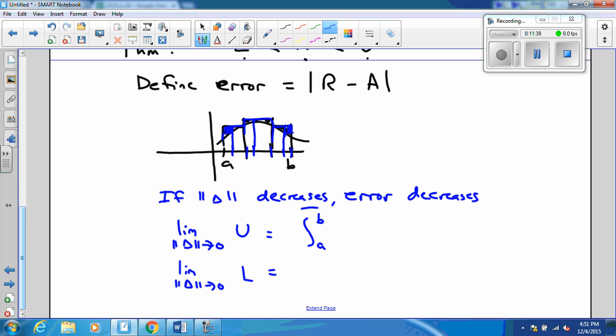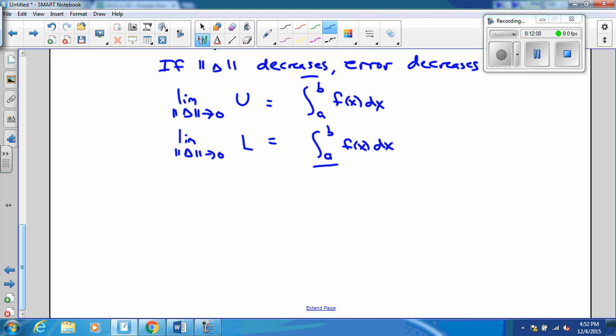When we let the mesh size go to 0, we're going to use the notation for this as the upper integral from a to b of f of x dx. And when we let the mesh size go to 0 on the lower sum, we're going to call that the lower integral from a to b of f of x dx.